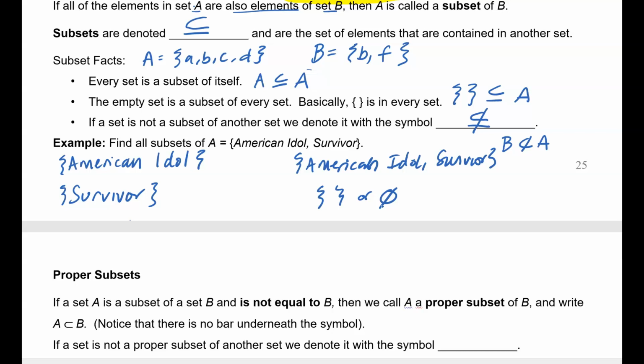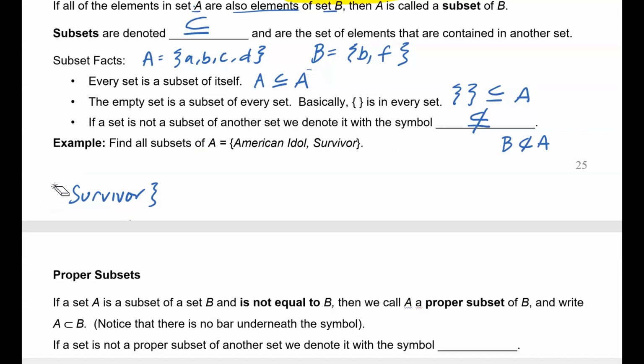Let me do one more example that looks a little bit more similar to what you're going to see in your homework. So I'm going to erase this real quick. This is going to be example 2. Let's say you had a set with items 2, 3.